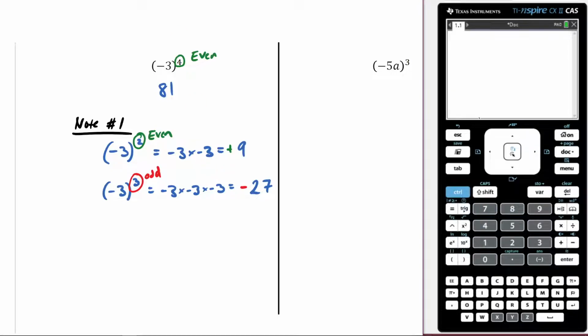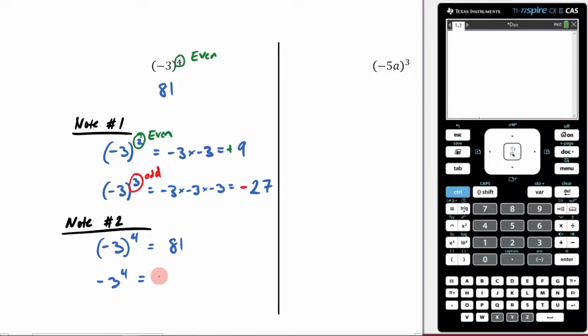All right. The next thing I want to take note of here, so you can write note number 2, is the difference between negative 3 in brackets raised to the 4, as opposed to negative 3 raised to the 4. Negative 3 in brackets raised to the 4 is going to be positive 81.